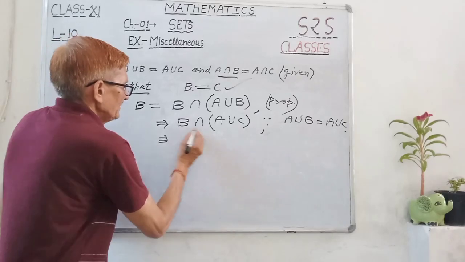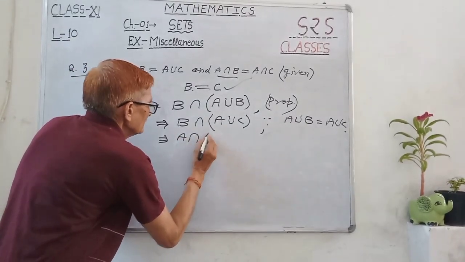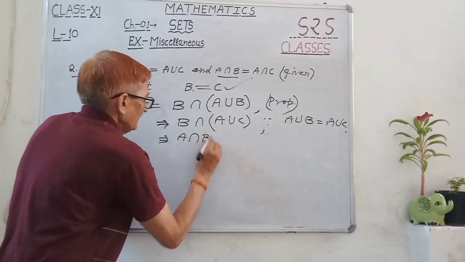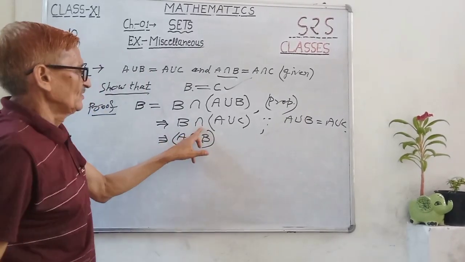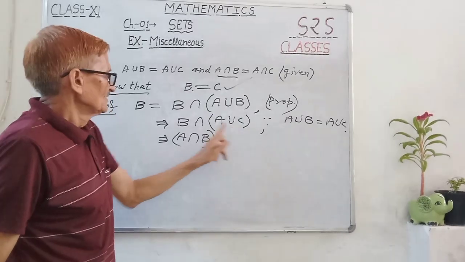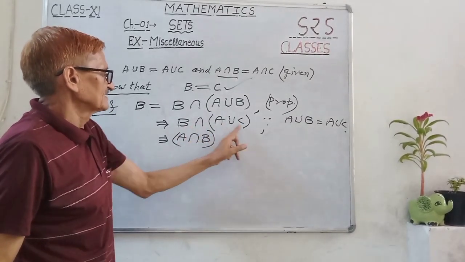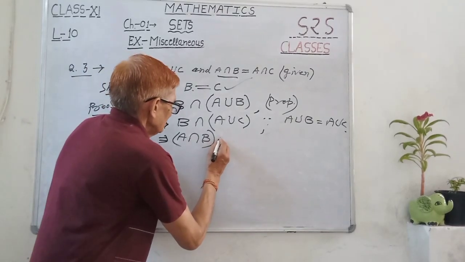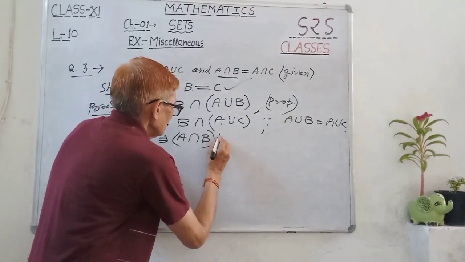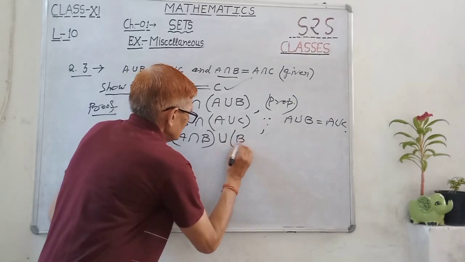Distribution law: intersection distributes over union. So B intersection A, that is A intersection B, same thing, union B intersection C.